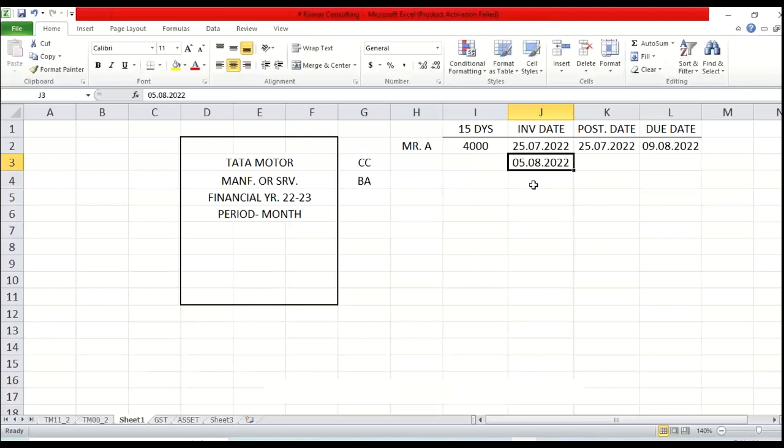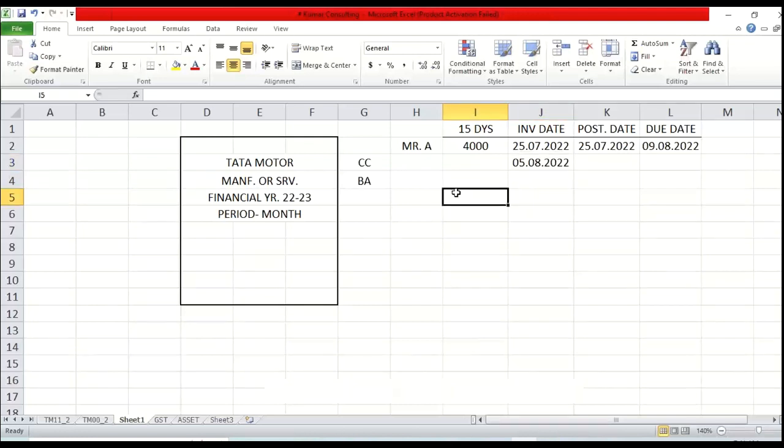So the vendor is going to receive the late payment, and then the vendor is going to escalate this matter to the management. Management will check the system, and they will come to know that there was a delay in invoice posting, and of course those people are going to ask this person why he has done this, right?